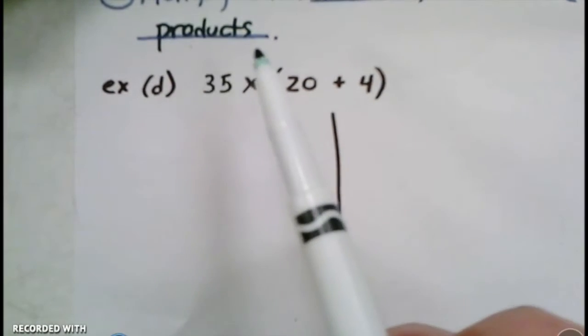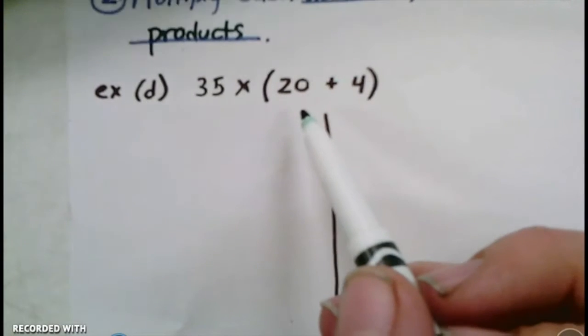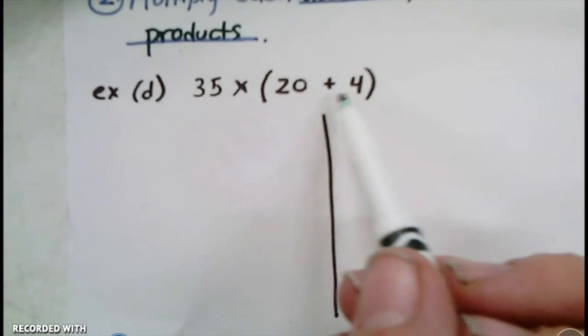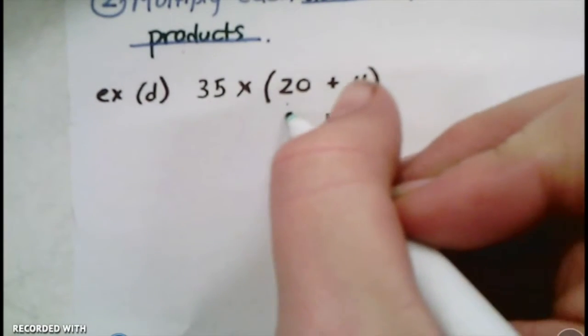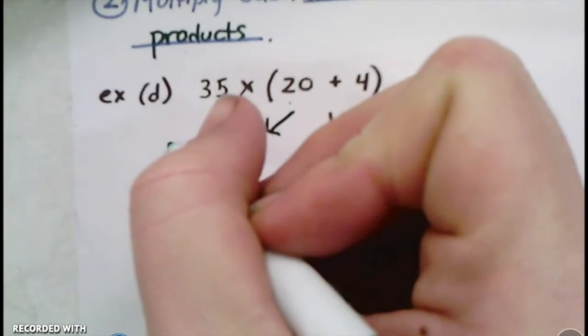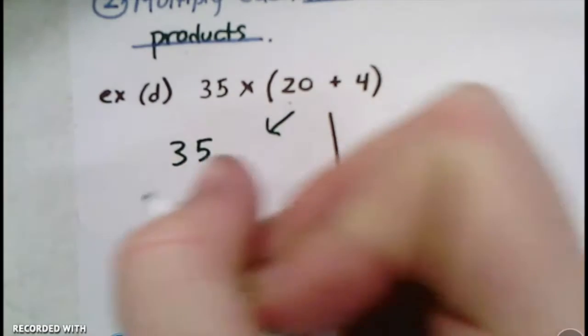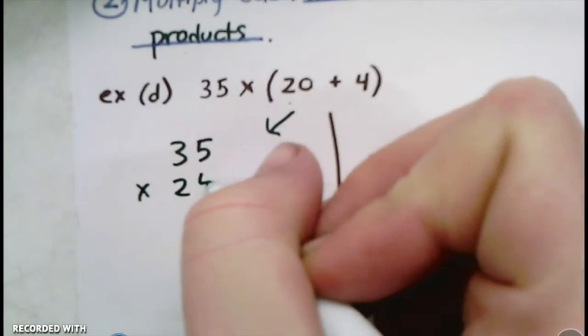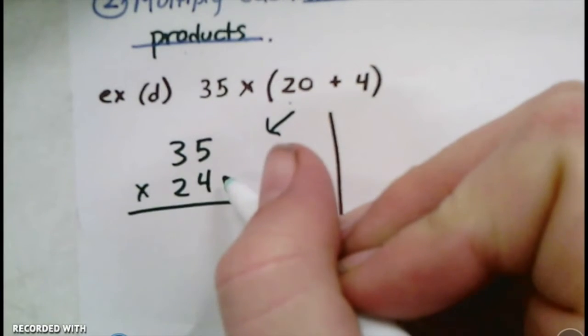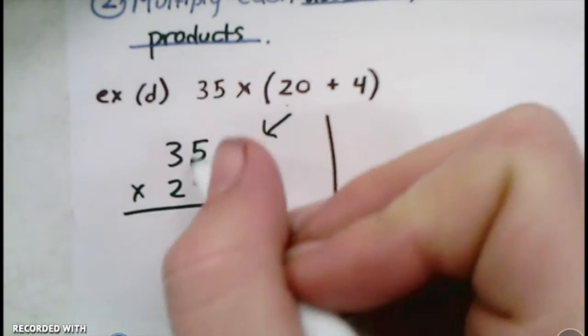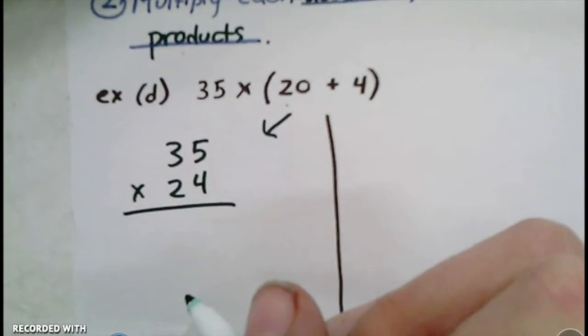First, let me do it the first way that we said. So we'll find the sum. So first we're going to do 20 plus 4, which is 24, right? So in this problem, I would have 35 times 24. So first I found the sum, 20 plus 4, and wrote 24. And then I'm going to multiply it times the 35.